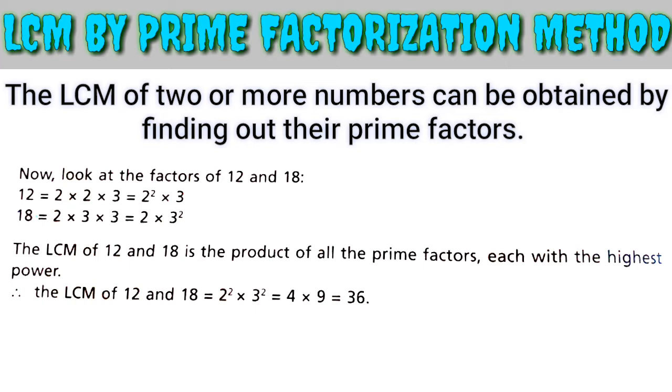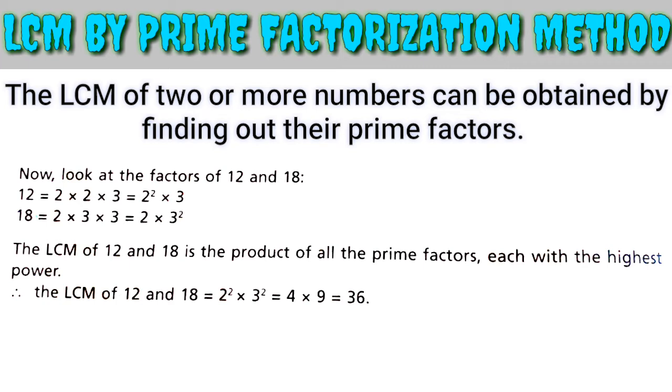The LCM of 12 and 18 is the product of all the prime factors, each with the highest power. Therefore, the LCM of 12 and 18 is equal to 2 raised to the power 2 multiplied by 3 raised to the power 2 is equal to 4 multiplied by 9 is equal to 36.